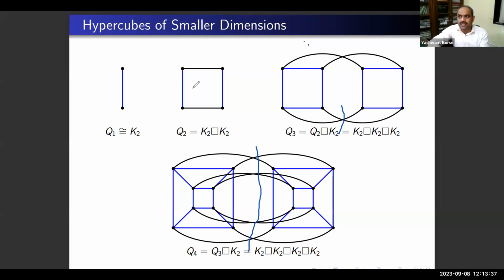So Qn is obtained from two copies. For example, you have this Qn minus 1 and this another Qn minus 1. Then you join corresponding vertices by a perfect matching. This way you obtain Qn from two copies of Qn minus 1. This is generally the structure, and this is the important structure.